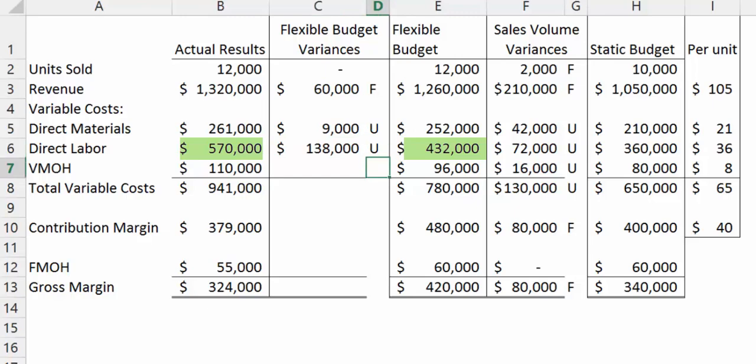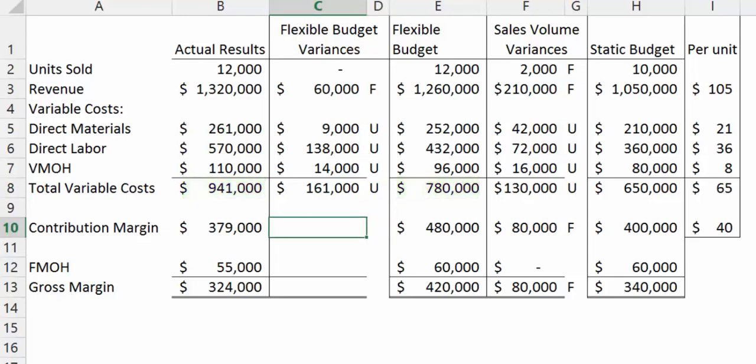Same thing for labor. We used $138,000 more labor than we should, and our variable manufacturing overhead is also higher than it should be. Again, I can sum three unfavorable variances. If I had a favorable variance in there someplace, I would need to net it, but I'm going to sum these, or I could just take the difference between the actual results and the flex budget.